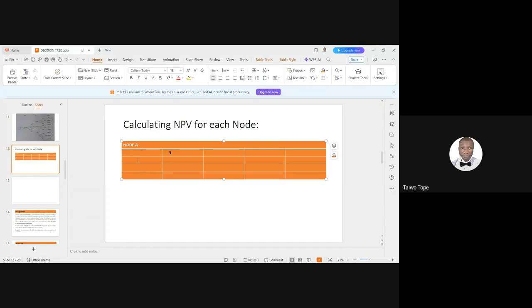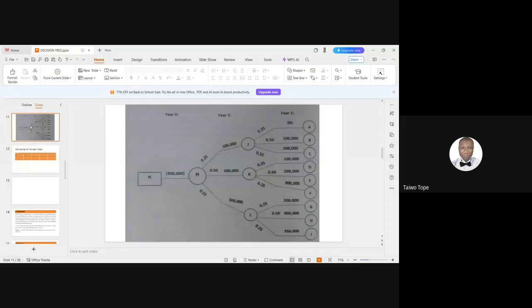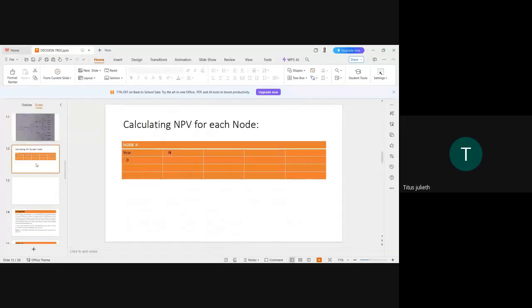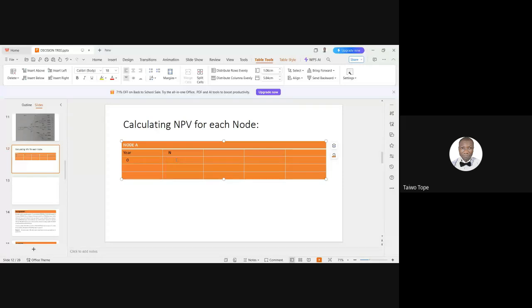So in year 0, our cash flow is what? The cash flow in year 0, 300,000 negative, right? Yes, it is an outflow. Now, the discount factor is what? 10%.